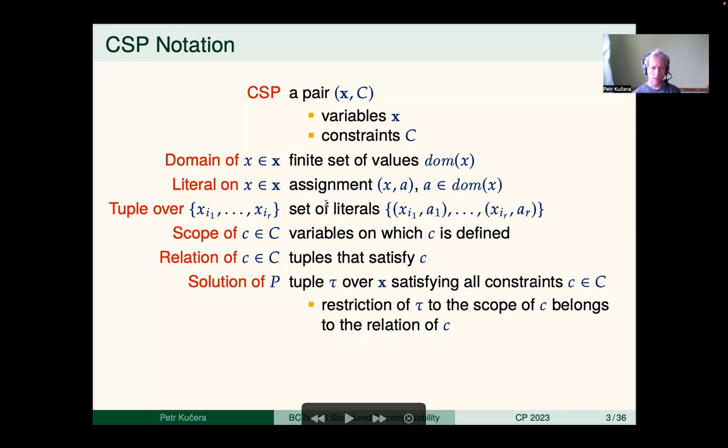So if you are looking at a CSP P, then a solution of P is a tuple tau over the variables X that satisfies all constraints in the set C. So P here is the pair X and C. In particular, the restriction of the tuple tau to the scope of every constraint C belongs to the relation of C.